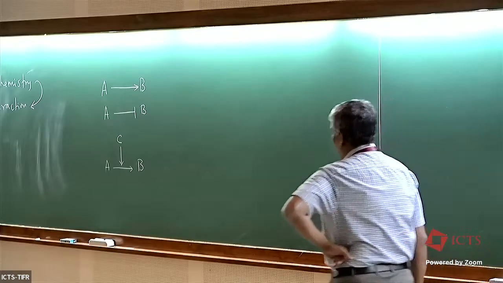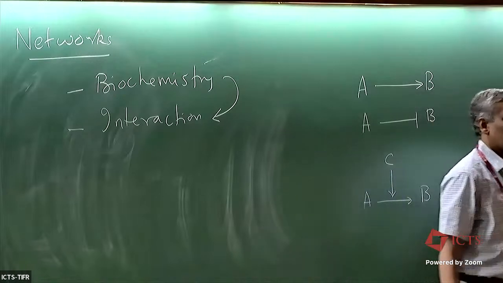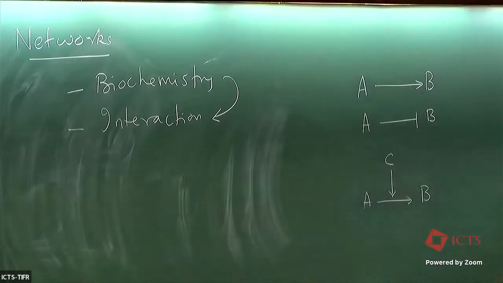Yes, when it comes to modeling of different types, the nature of the functional form becomes important in terms of the approximations that you make. For example, if you want to look at the nuts and bolts of a kinetic model, then obviously you need to know the exact functional form.